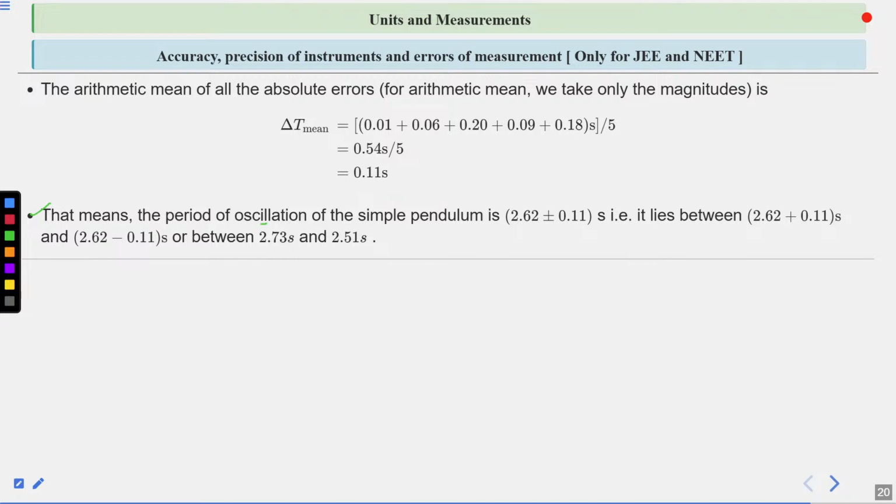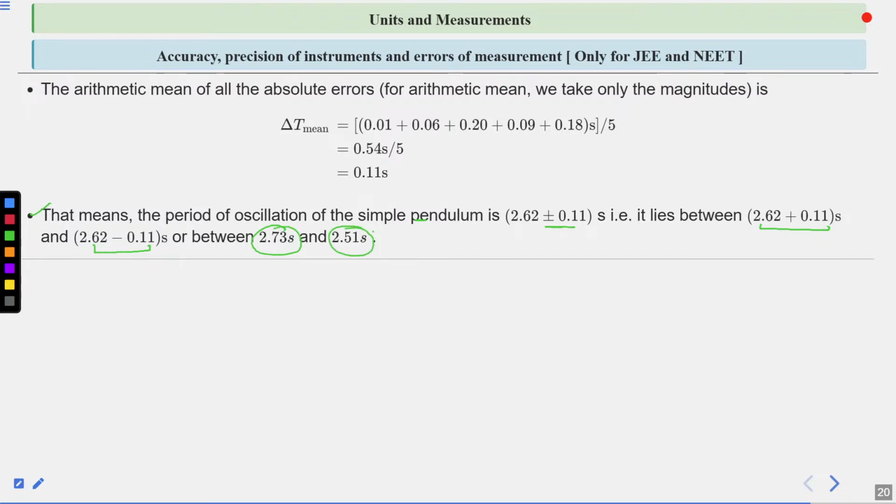That means the period of oscillation of the simple pendulum is 2.62 plus minus 0.11, and it lies between 2.62 plus 0.11 second and 2.62 minus 0.11 second, or we can say between 2.73 second and 2.51 second.